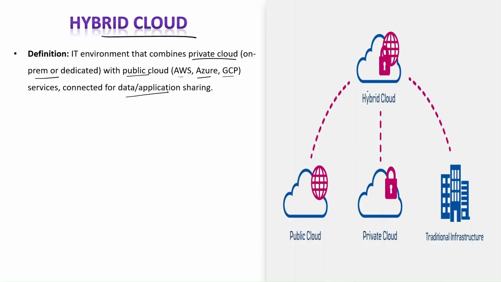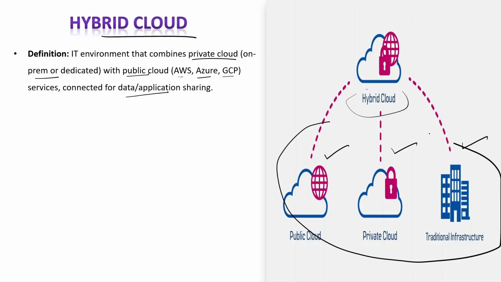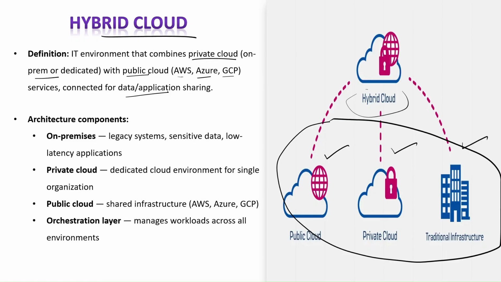In a nutshell, the hybrid cloud is basically the combination of the public cloud, private cloud, and traditional on-prem infrastructure. When you mix these things, for example, when an organization has on-prem infrastructure as well as a public cloud, they have a hybrid cloud environment.